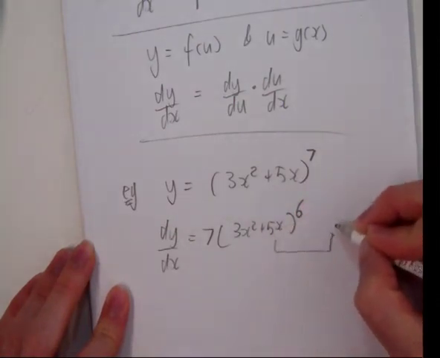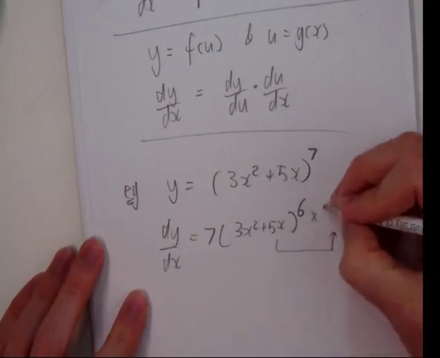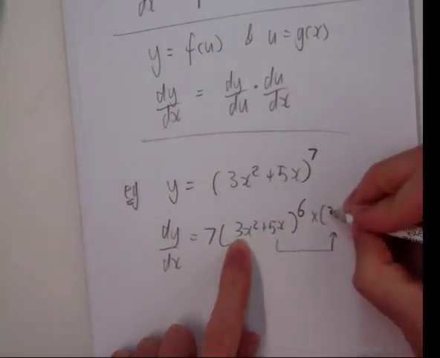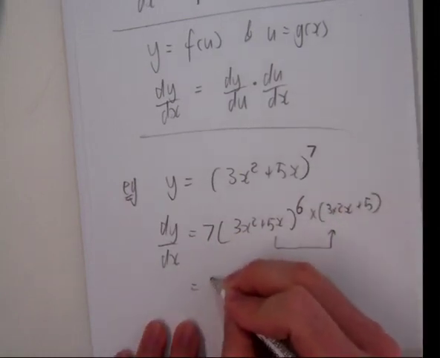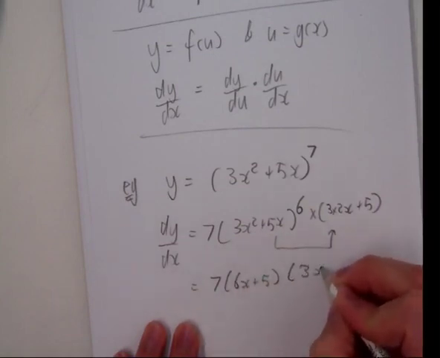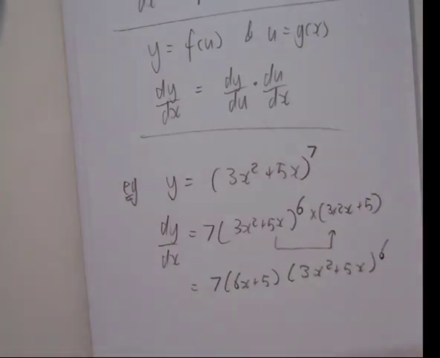So I have to multiply, you don't need the arrow in your working, it's just useful for me, by whatever the derivative of this is. So I have 3 lots of 2x and a 5. And so I now have 7(6x plus 5)(3x squared plus 5x) to the power of 6. Lovely.